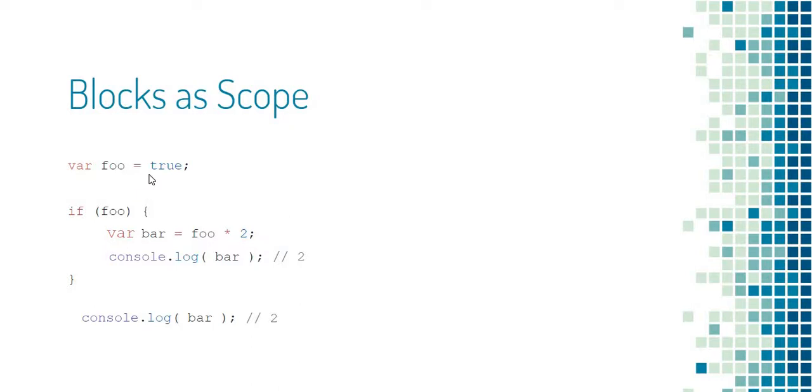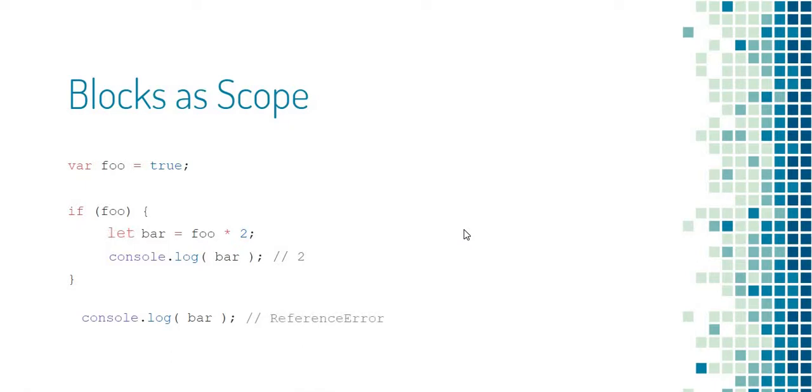The boolean value true is coerced to 1, and the boolean value false gets coerced to 0. So when we perform foo times 2, we get 1 times 2, which is equal to 2. So the value 2 is assigned to the variable bar, and when we console log bar within the block, we get the result 2. And since the variable bar is not limited within the scope, when we try to console log the variable bar out of the block, we also get the result 2.